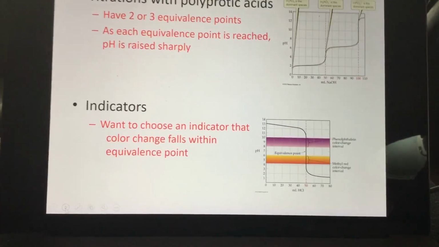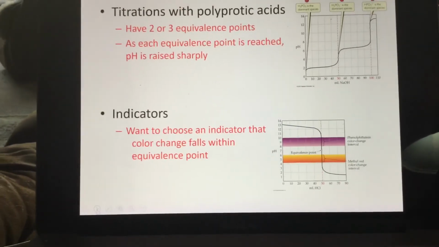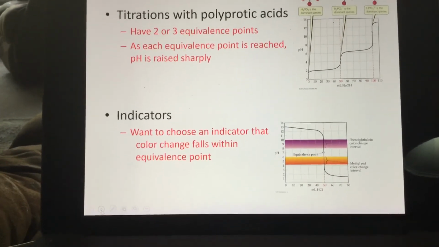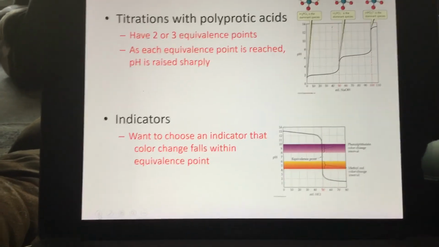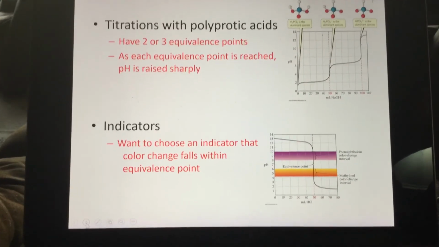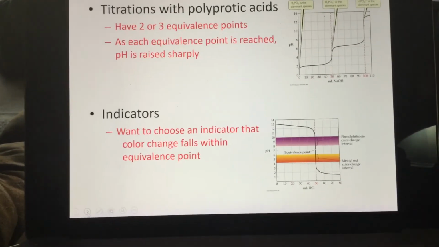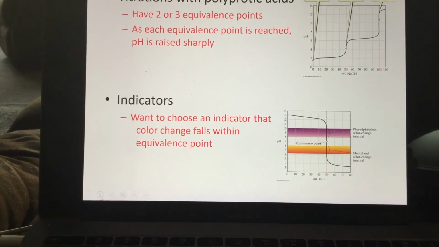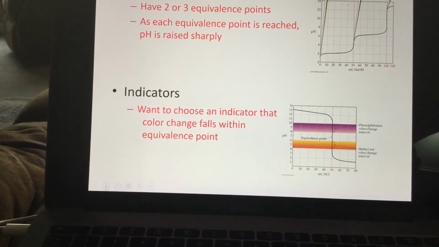And then finally, we've used indicators before, but we want to get an idea ahead of time of where our equivalence point is going to be, depending on what combination of acid and base we're titrating, so that we can pick an indicator that's going to fall in the range where we'll see the changeover from an acidic to a basic solution or vice versa.